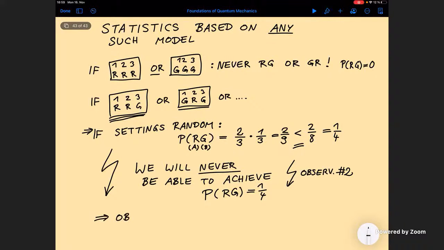So we could say observation number 1 has enforced too much of a tendency towards the same colors.